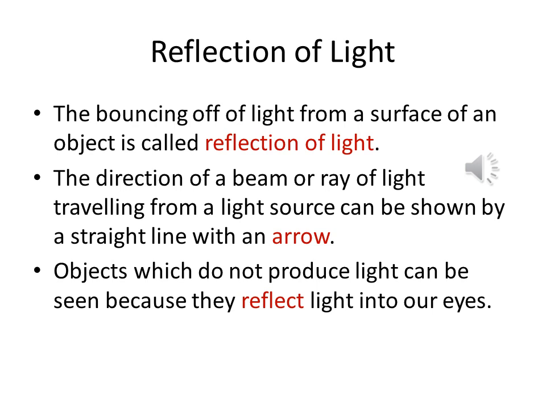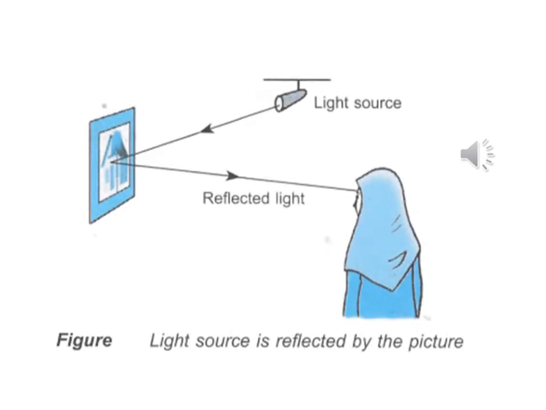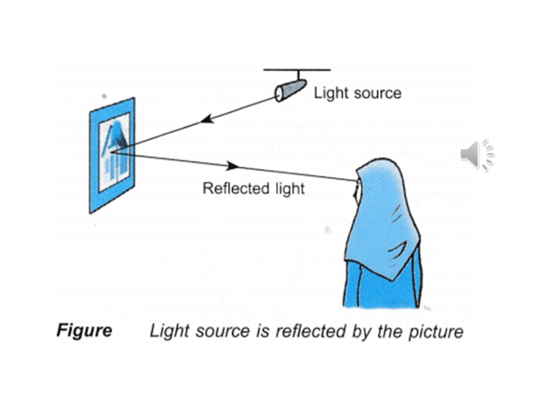I think you already know that the objects which do not produce light can be seen because they reflect light into our eyes, and that is how we are able to see them. Here is an example. See, there's a woman, and there is a light source, and then there is this picture. The light from the light source falls on the picture.